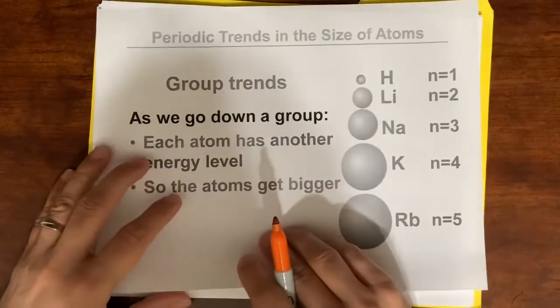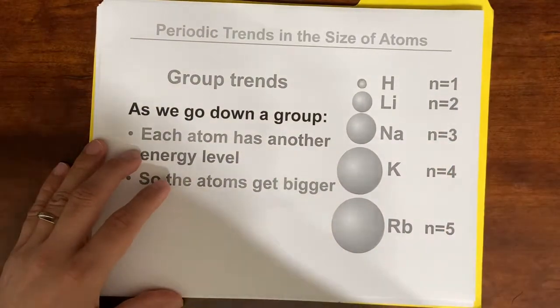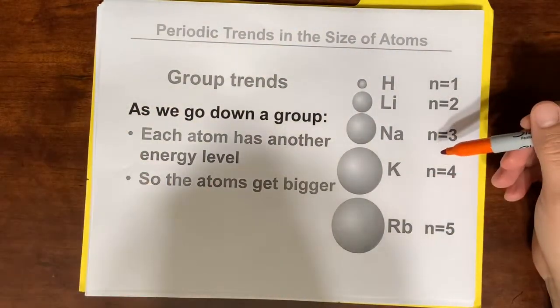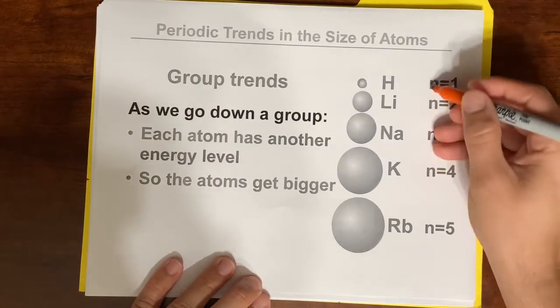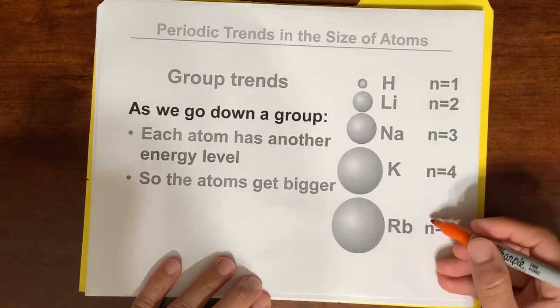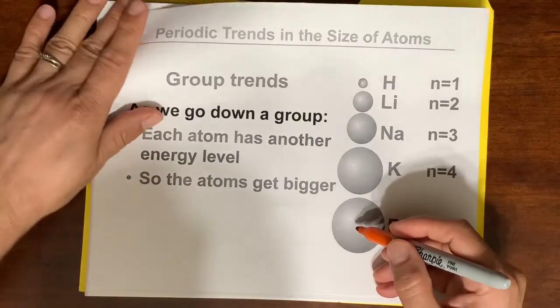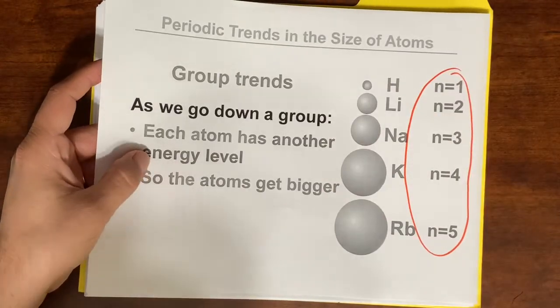Sorry, I meant one period, not a group. But the last stuff that I mentioned, as we go down, we are increasing layers, and because we are increasing layers, atoms get bigger. Okay. Because n is going up.